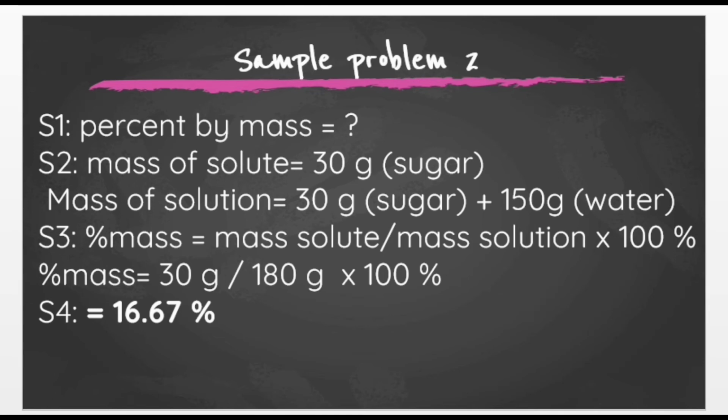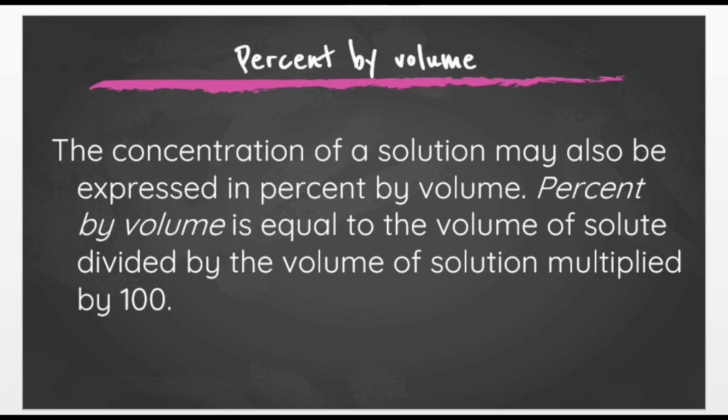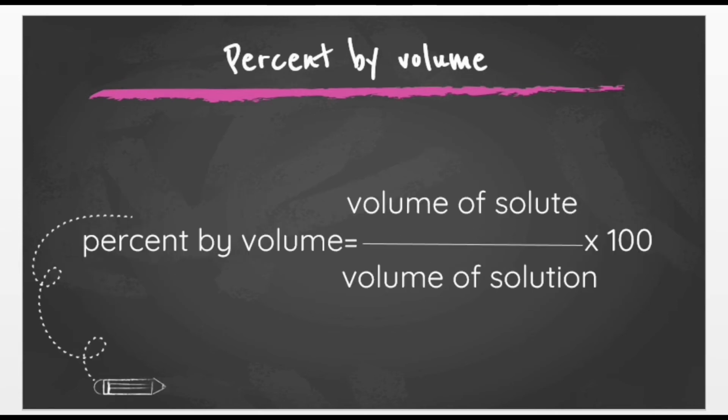So let's go now to percent by volume. The concentration of a solution may also be expressed in a percent by volume. Percent by volume is equal to the volume of solute divided by the volume of solution multiplied by 100. So this is the formula of percent by volume.